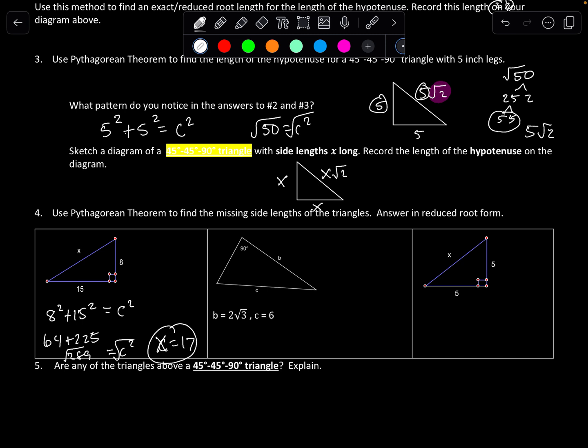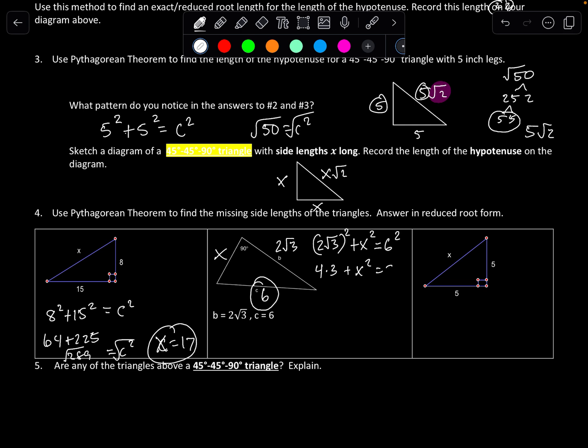Now if we have 2 root 3 over here and we have 6 here, it's going to be a little different. We're going to say this is the hypotenuse here, so we're going to say this is x. And we're going to say 2 root 3 squared plus x squared equals 6 squared. Well, what is 2 root 3 squared? Well, 2 squared is 4. Root 3 times root 3 is 3.